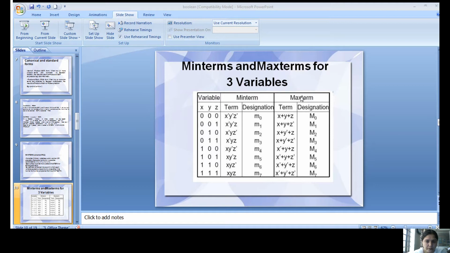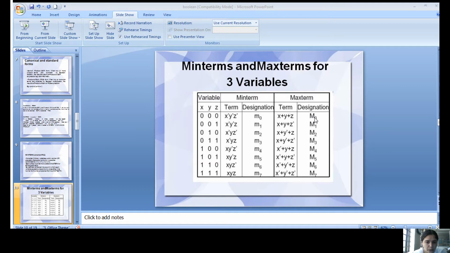So here max term. Max term is an OR term. Addition you will be doing. So in max term, if it is 0, it is without bar. So here it is x plus y plus z, and it is notated as capital letter M and its decimal number is 0.